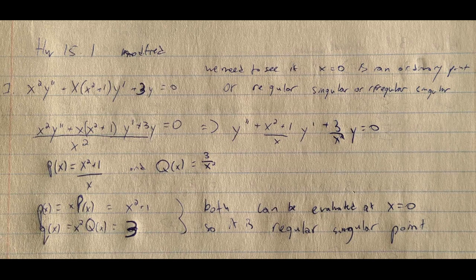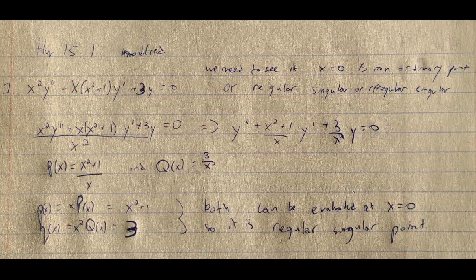So in our example, I divided everything by A of x, and we got y double prime plus (x squared plus 1) over x times y prime plus 3 over x squared times y equals 0. That means capital P of x is (x squared plus 1) over x, and capital Q of x is 3 over x squared.